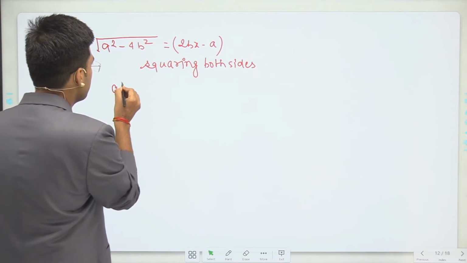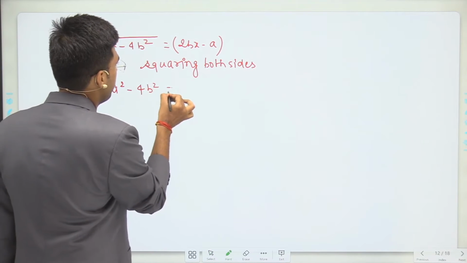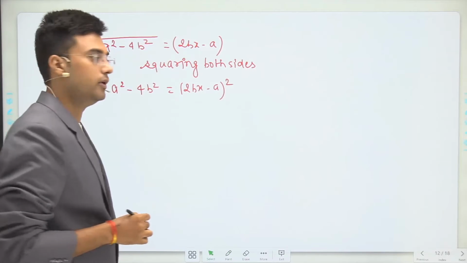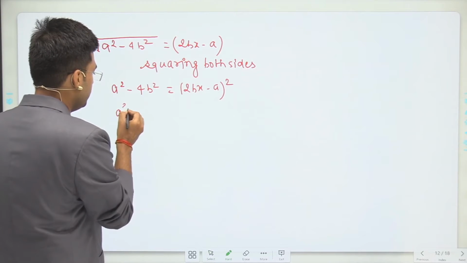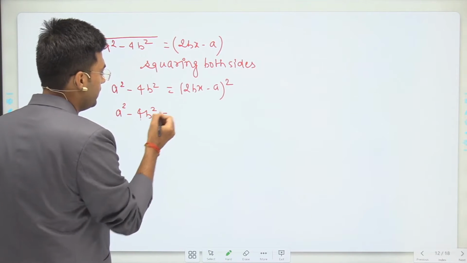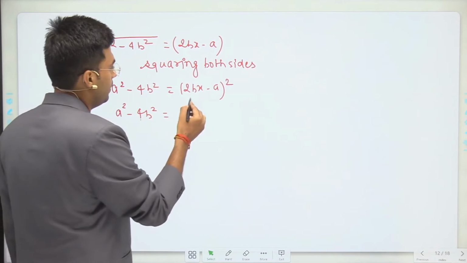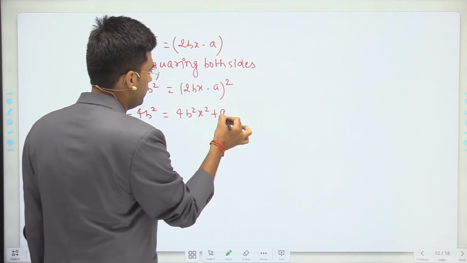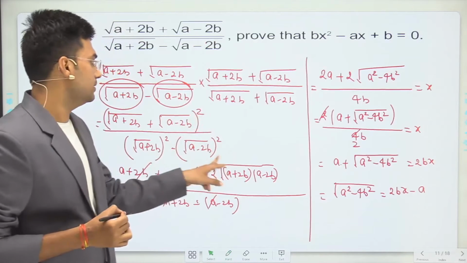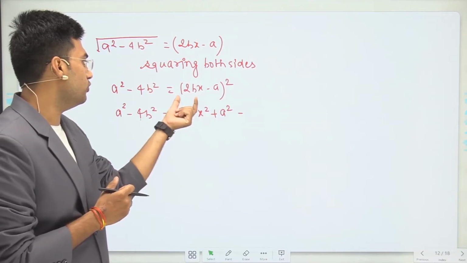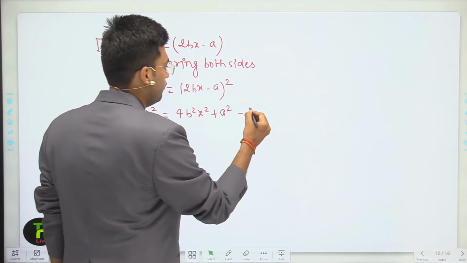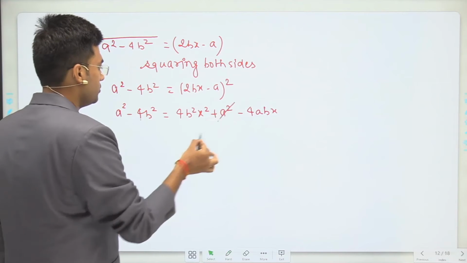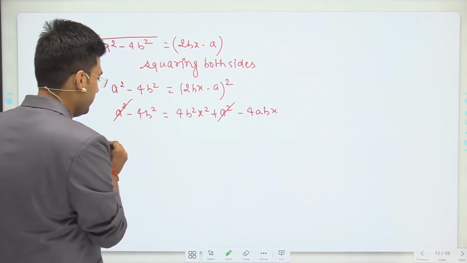We will get a square minus 4b square is equal to 2bx minus a whole square. Okay, now when we solve this, a square minus 4b square is equal to 4b square x square plus a square minus 4abx.